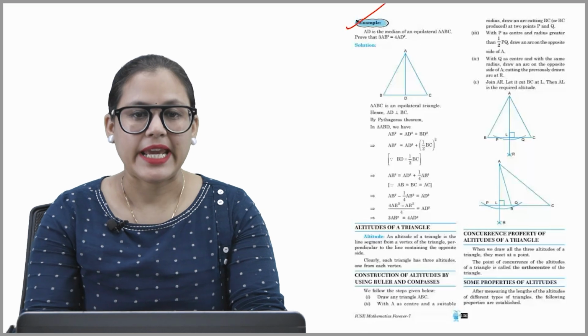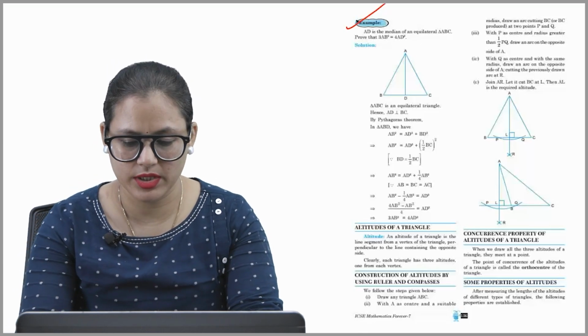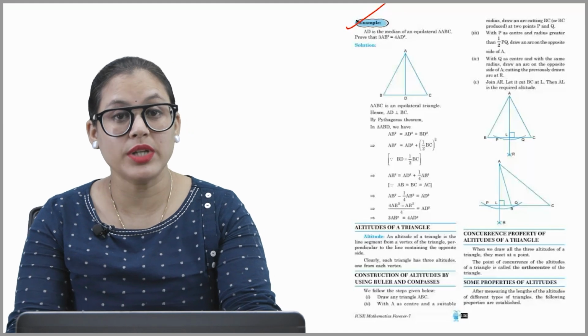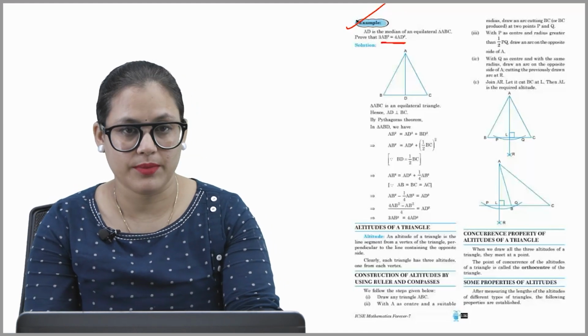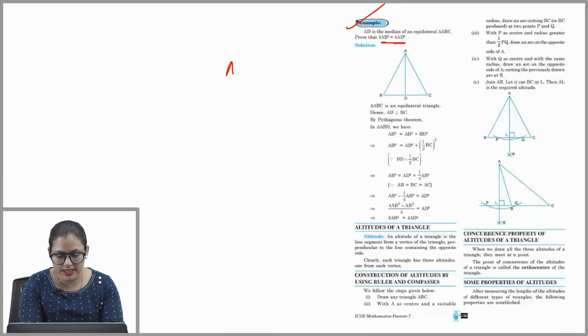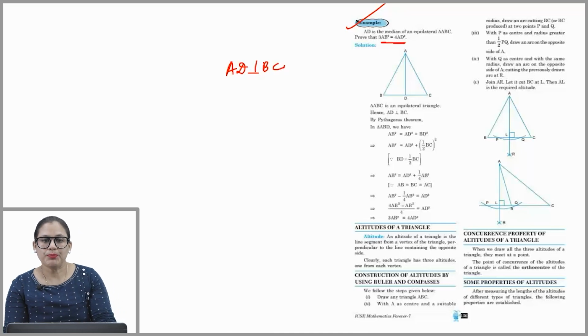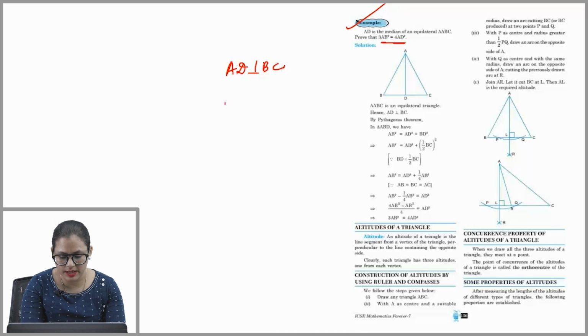Example: AD is the median of the equilateral triangle ABC. Okay, this is the median. Now we have to prove that 3AB square is equal to 4AD square. ABC is an equilateral triangle, and AD is perpendicular to BC. Now, by Pythagoras theorem in triangle ABD, we can write AB square is equal to AD square plus BD square.